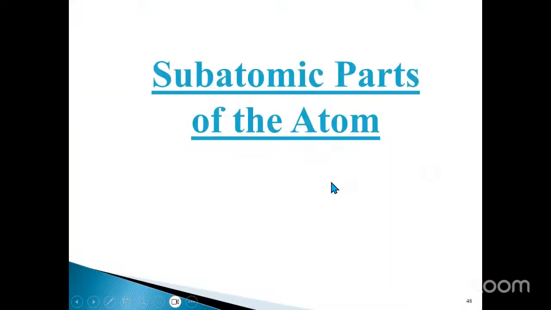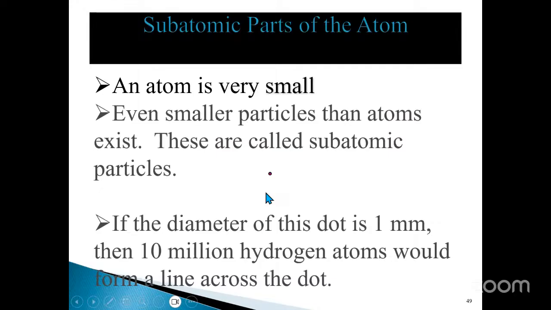Okay, so as I stated earlier, the atom of any element can be further broken down into simpler parts. Here is some general information about a typical atom. Of course, as we can imagine, the atom is very small. As I said before, you can break it down into smaller particles, which are called subatomic particles.